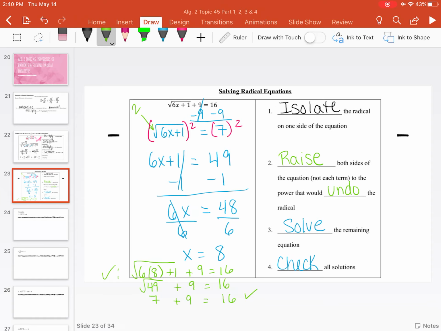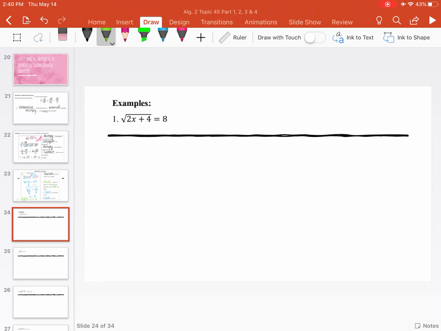Let's dive into some examples now. In this first example, we have the square root of 2x plus 4 equals 8. First, I notice that my index is 2, so I'm going to raise both sides to the power of 2, square both sides.